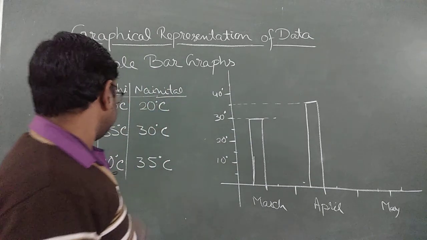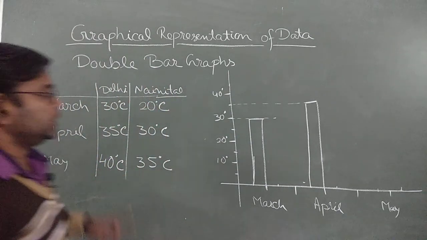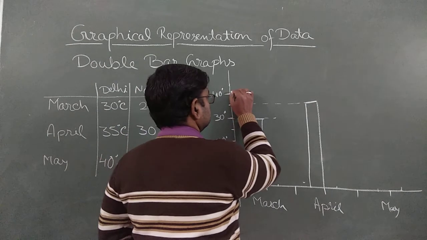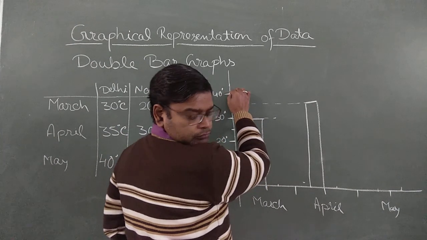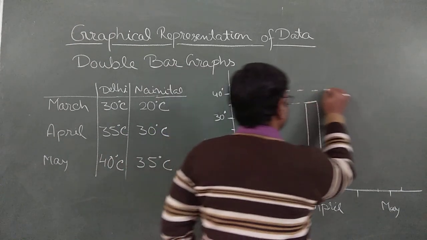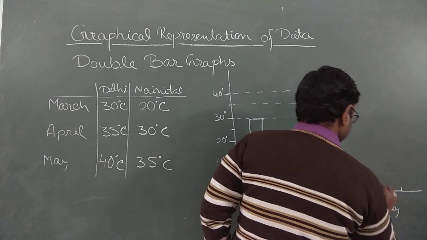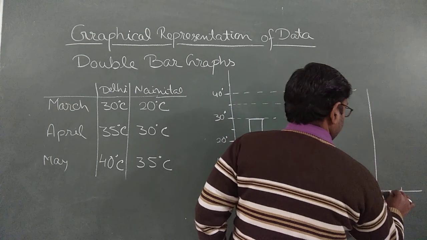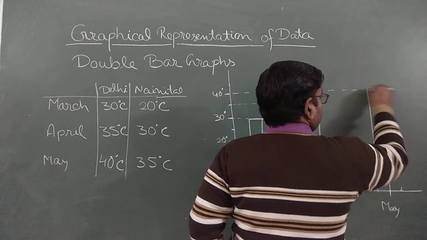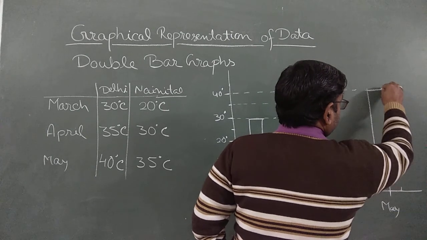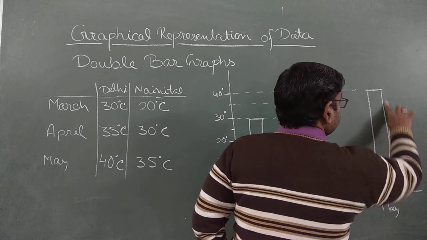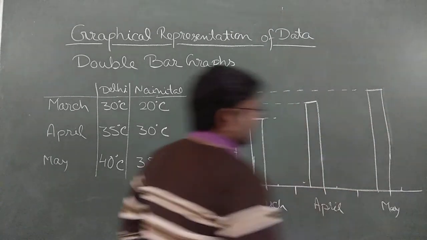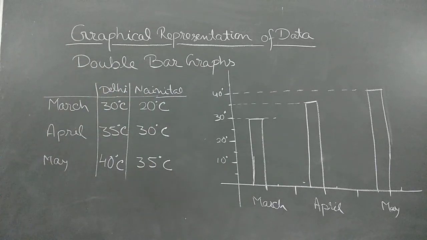Now in May it's 40 degrees centigrade, gradually rising. It's 40 degrees centigrade. Use your scale to draw the graph.